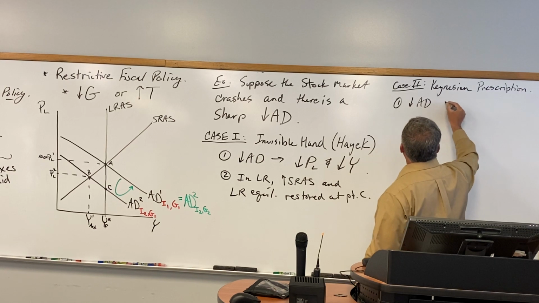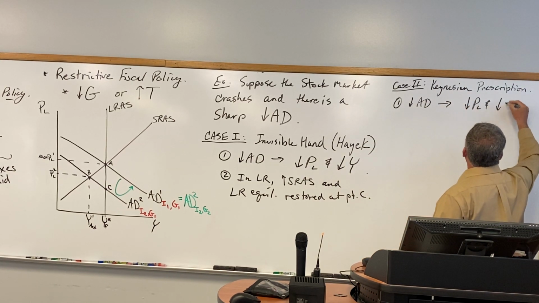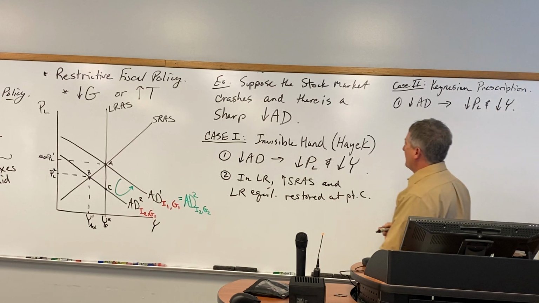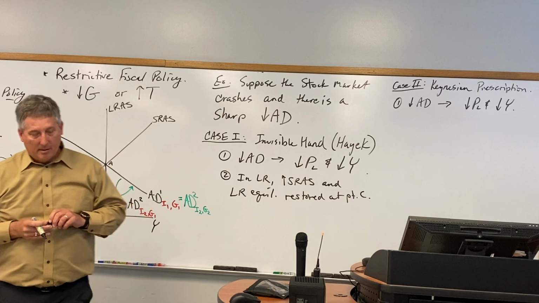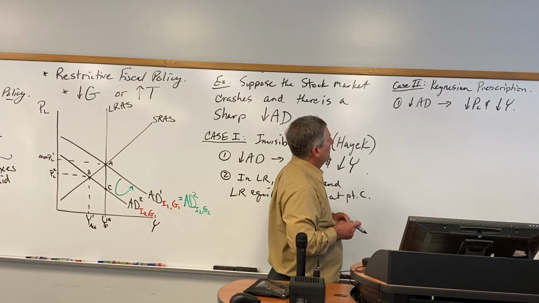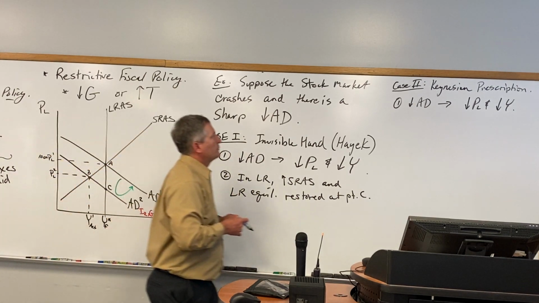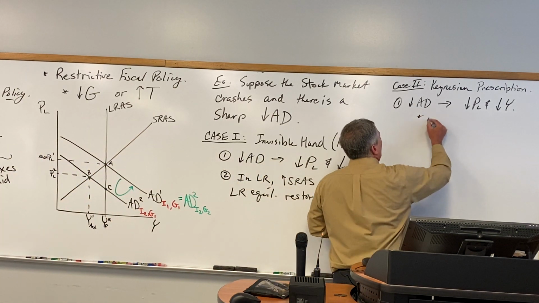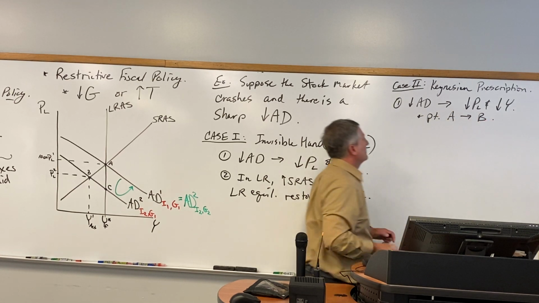There's a decrease in aggregate demand that causes a decrease in the price level and a recession of some sort. All right, so that gets us from point A to B. Point A to B. Same as before.